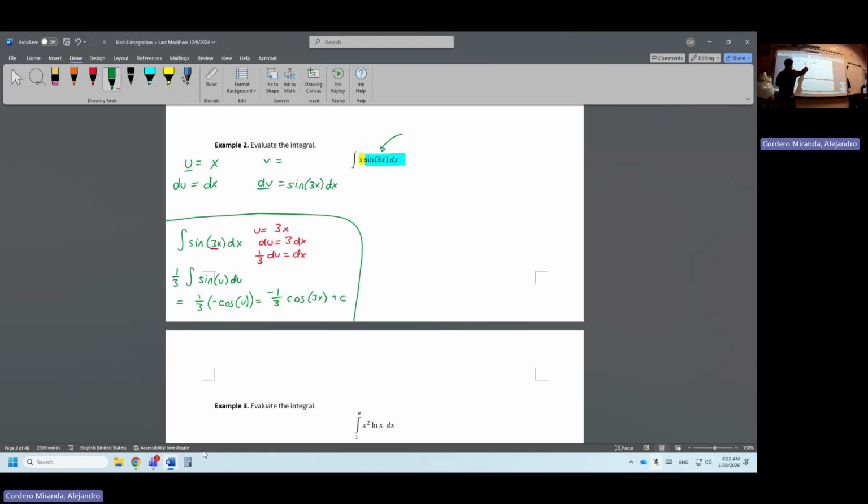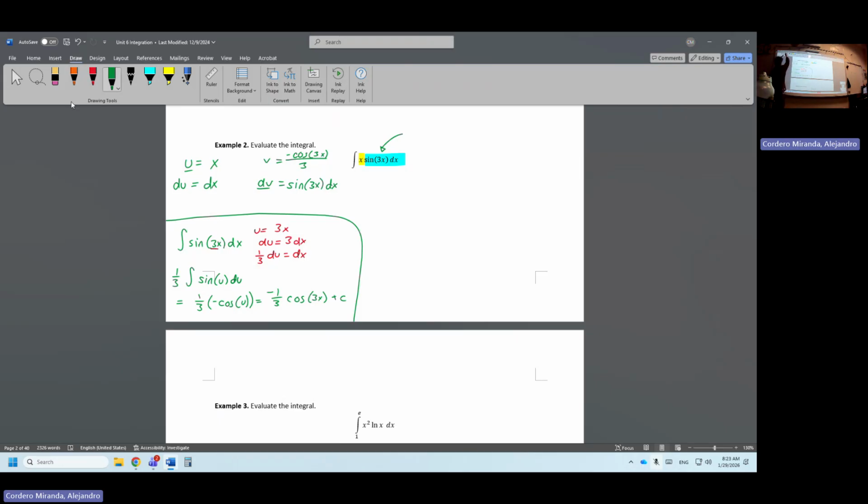I'll let you think about that yourself, or you can just do the u substitution every time. But I think it's easier to skip it and say I have this 3x here that if I did the chain rule, I'd be multiplying by, so to undo the chain rule, I'd be dividing by it. And this happens all the time, so it's a good trick to know.